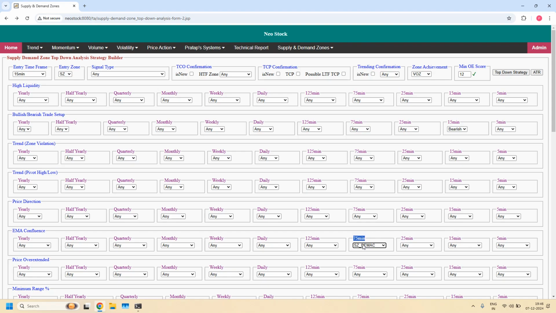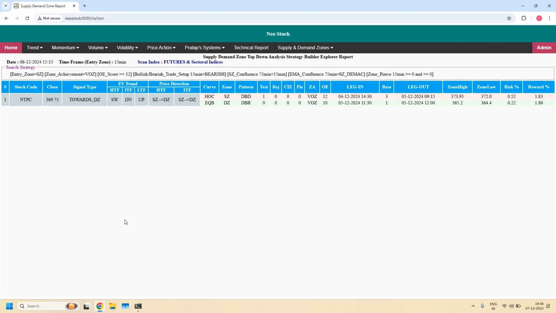That's why we are looking for 75 minute supply zone with daily EMA confluence as per the concepts learned in lesson 27. Now let's filter the stocks. We got 1 stock. This is even more high probability trade setup supported stock based on LTF and ITF supply zone confluence.